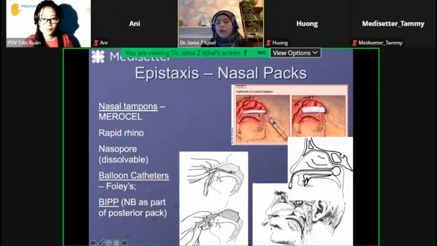The rapid rhino, when you soak it in saline just before you put it in the nose, has an alginate dressing on top of it, which helps with the healing.